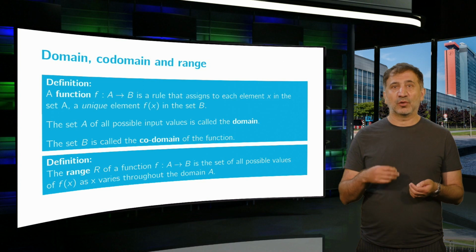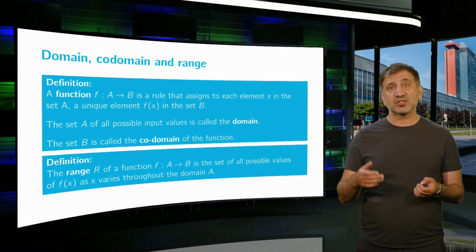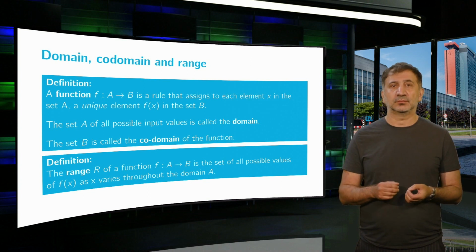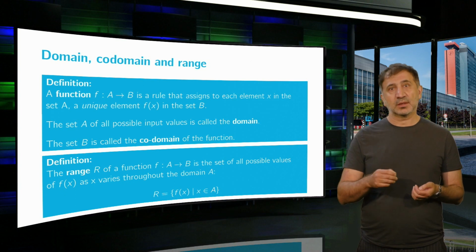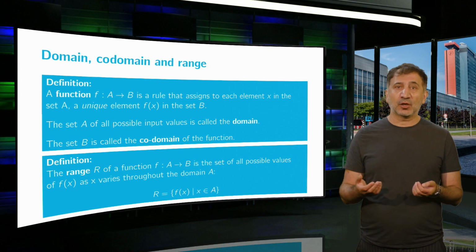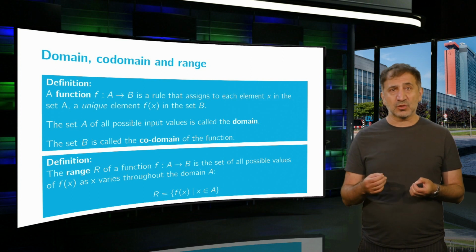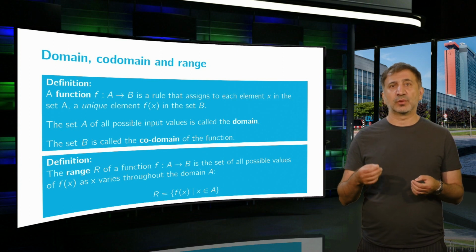The range R of the function f from A to B is the set of all possible values of f of x as x varies throughout the domain A. Or, more compactly, the range R is a subset of the codomain B. In principle, the domain and the codomain can be any set you can think of. However, in this course, domains, codomains, and ranges of functions we consider will always be sets of real numbers.